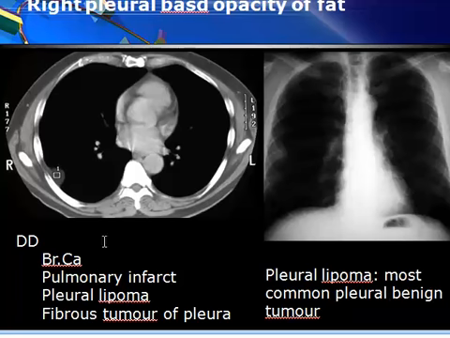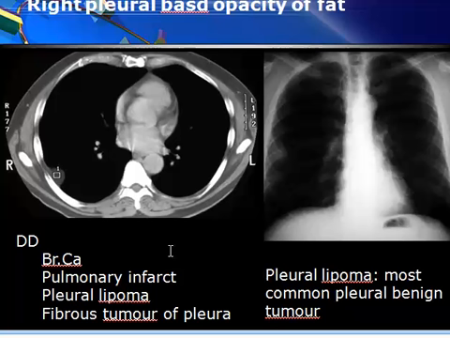Here we have right pleural based opacity of fat. The differential diagnosis is of course a nodule, bronchogenic, peripheral, but more if it is fat and you are sure about fat, so pleural lipoma or fibrous tumor of the pleura maybe, because here the smaller the lesion, the more difficult the density is to assess.